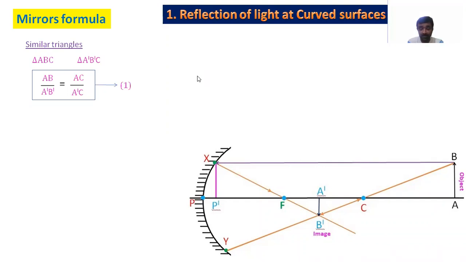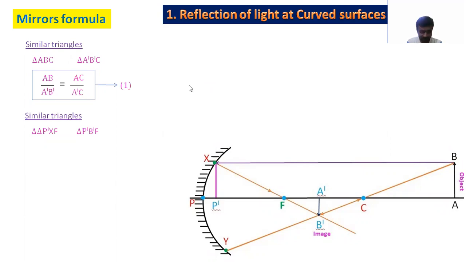We used that. Then I'm going for one more set of similar triangles. Triangle P dash X F and triangle A dash B dash F are similar here. Right? So using the same logic, what can I write?